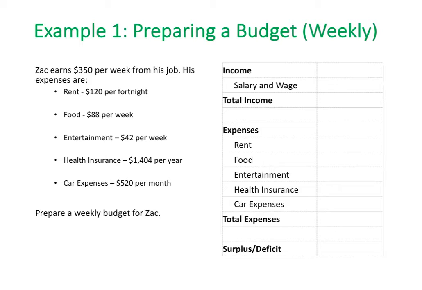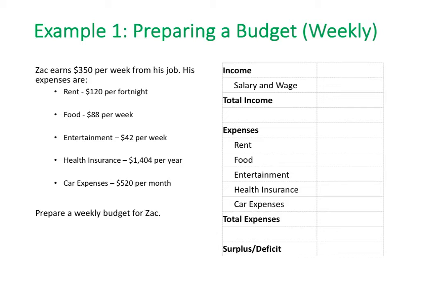So when we are preparing a budget, we need to start off with determining Zach's income. So we know that Zach earns $350 per week from his job. Now when we're preparing the budget, we want to make sure that we are actually recording the amount of money that Zach gets, not his total income.